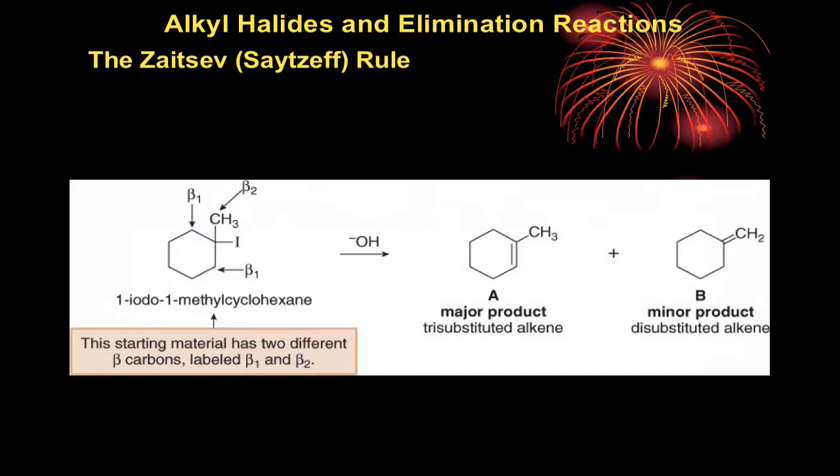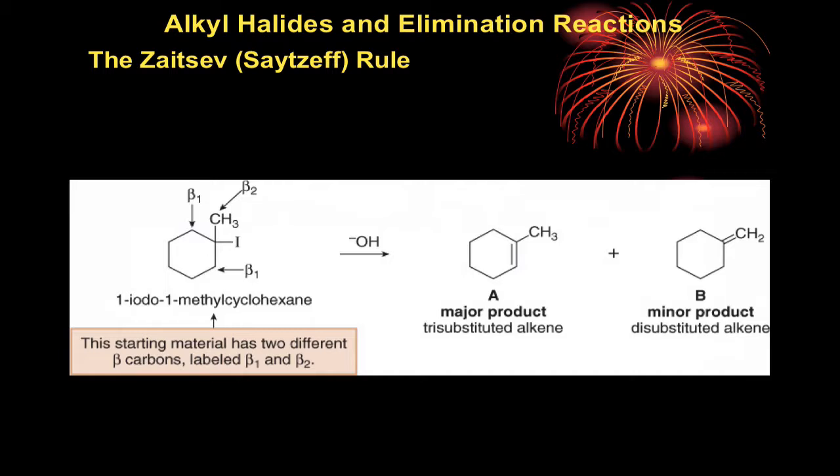Now, the ratio of A to B would be hard for you to predict, okay? But I can pretty well guarantee this is going to be better than 80% of the final product. Okay, is this more substituted alkene, this trisubstituted alkene here.